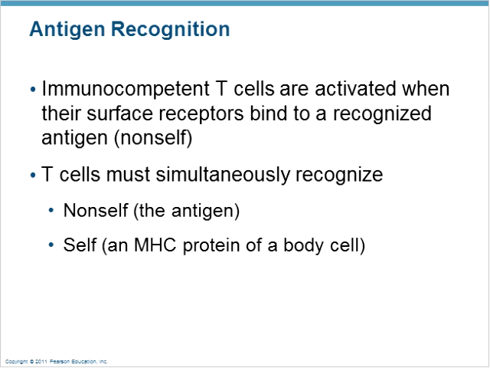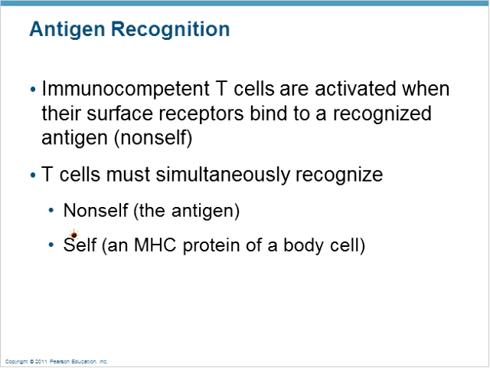Antigen recognition: immunocompetent T cells are activated when their surface receptors bind to a recognized antigen that is not part of our self. The T cells must simultaneously recognize non-self antigens and self antigens.